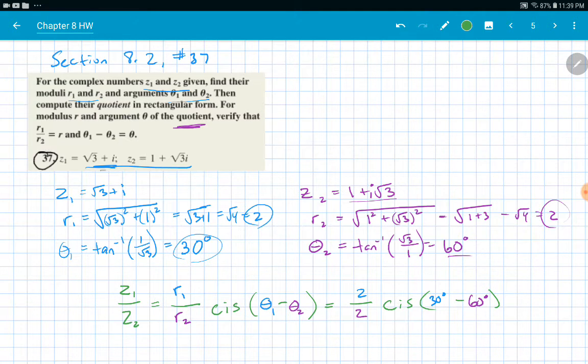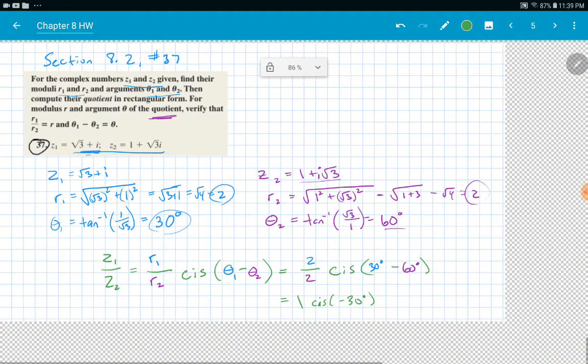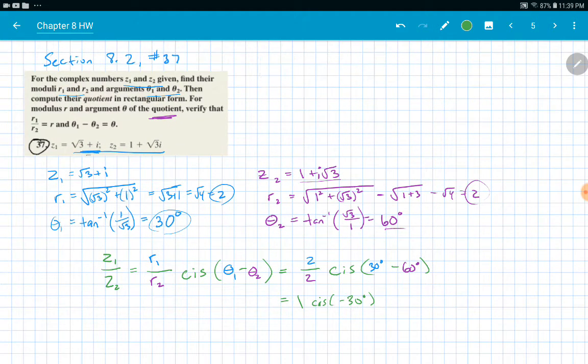So I get 1 cis of negative 30 degrees. So that's in trigonometric form. But then it says to find the quotient in rectangular form. So that's a trigonometric form answer.